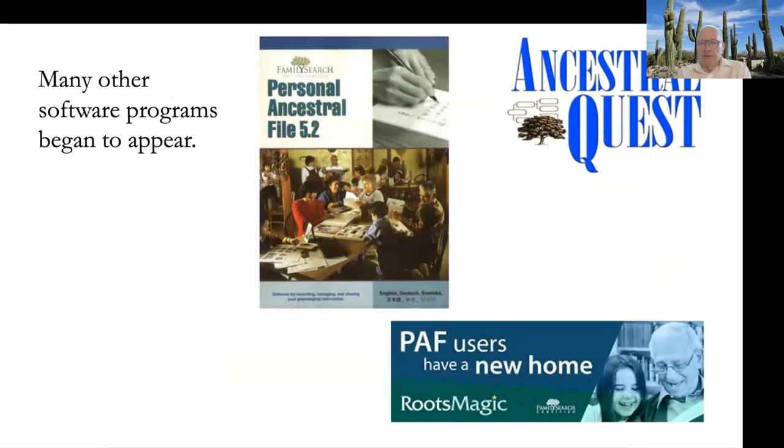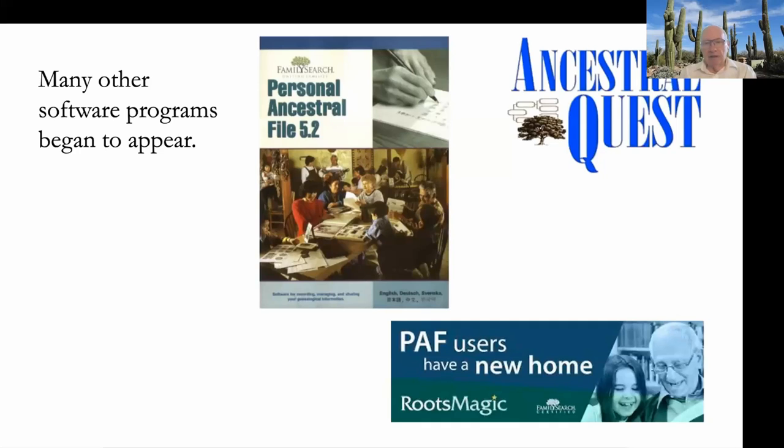They're still being produced. They're still available for the latest computers you have. They both work on both Apple and Windows or PC computers. PAF is gone, but RootsMagic and Ancestral Quest are still two of the most popular desktop computer programs. There are now probably more than a dozen, maybe 20 or 30 actively updated desktop programs that are available, and some of which are extremely sophisticated.